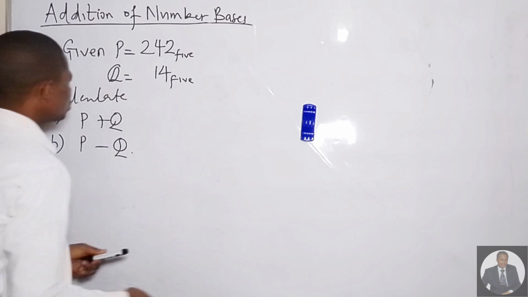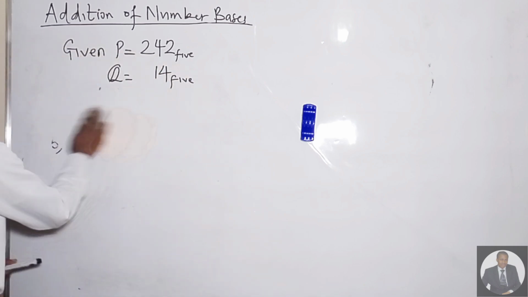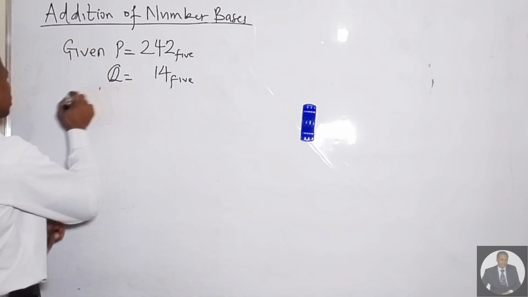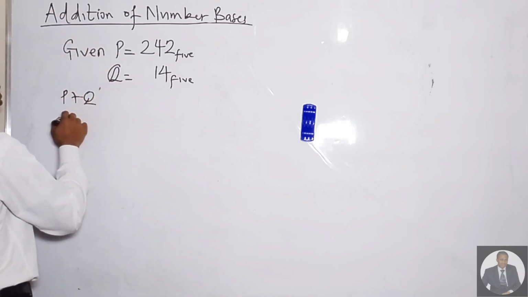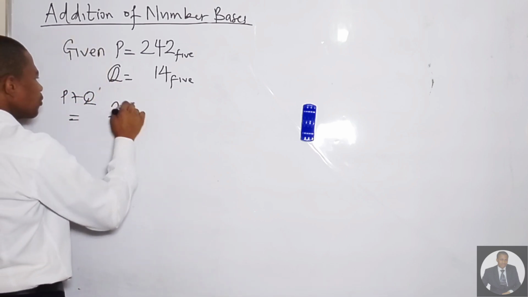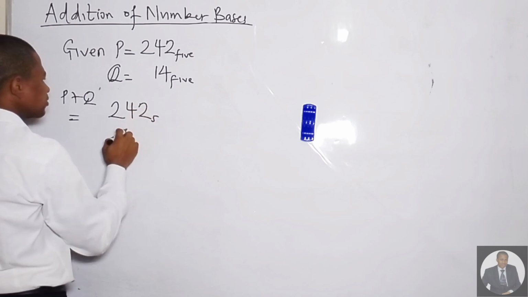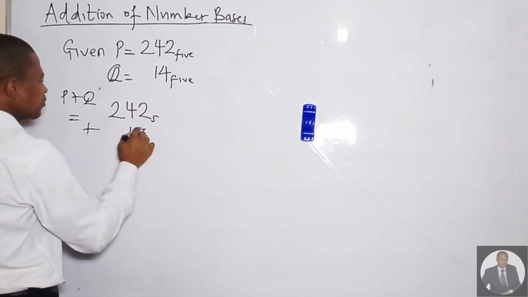First of all, P plus Q will give us 242 base 5 plus 14 base 5.